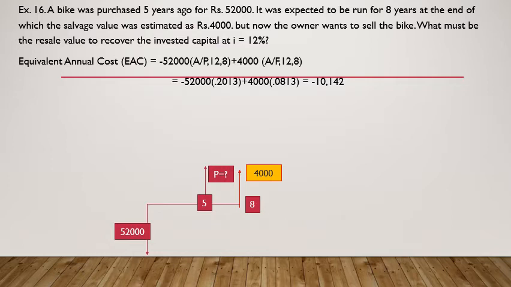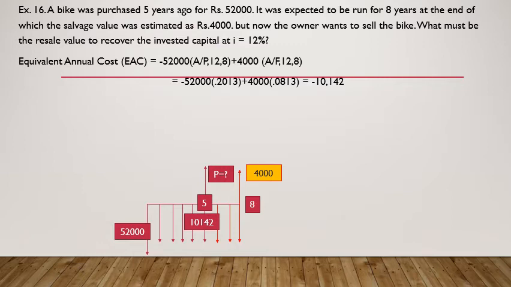What does that mean, 10,142? That is the total amount that you need to pay every year for 8 years. So each year I need to pay 10,142 rupees to justify the initial investment. Now what is the problem?